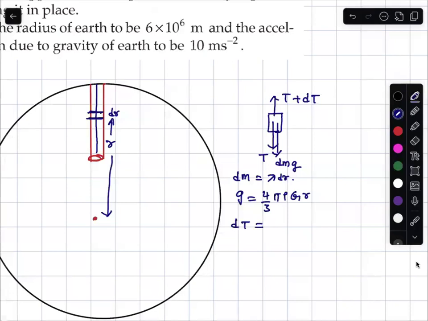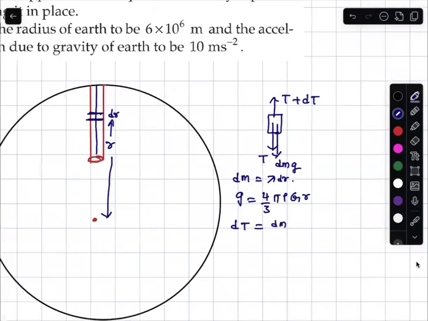So dt is nothing but dm times g. dt is nothing but lambda dr 4 by 3 pi rho g r.